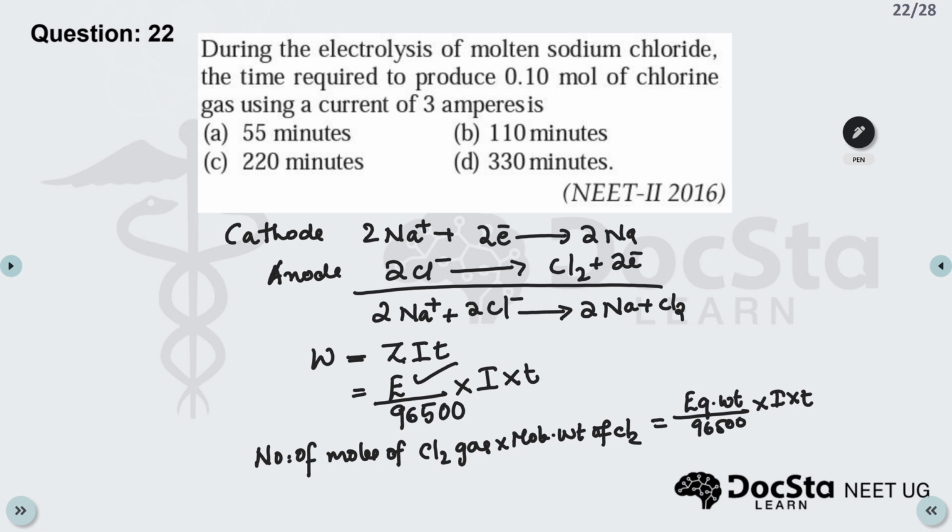So number of moles of chlorine gas into molecular weight of chlorine is equal to equivalent weight divided by 96,500 coulombs into I into T. From here you have to find out the value of T.